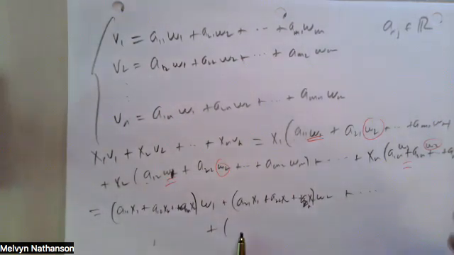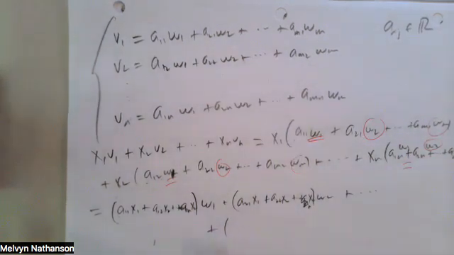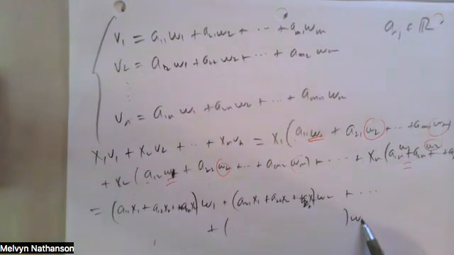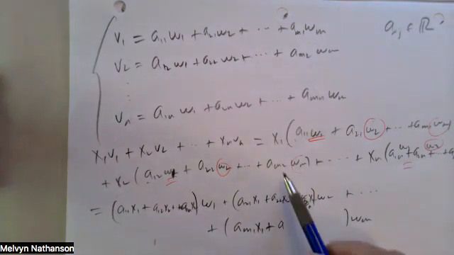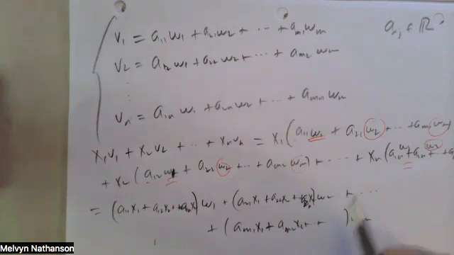Then we just do this for each of these w vectors. So what's the coefficient finally of w sub m? It's am1 x1 plus am2 x2 up to amn xn.